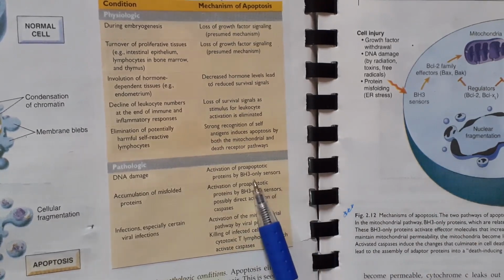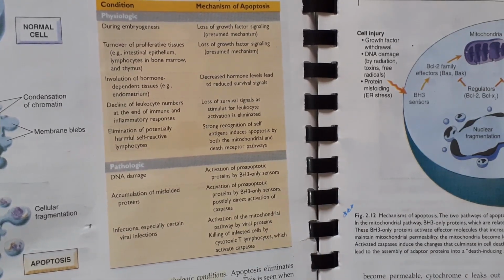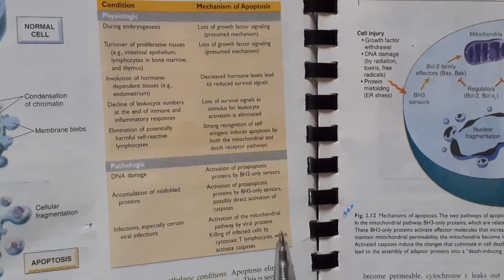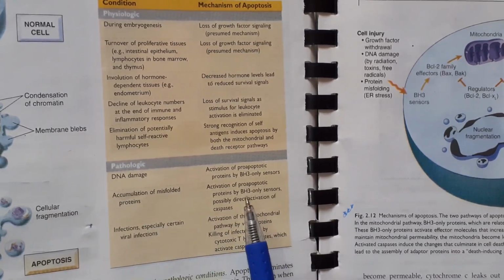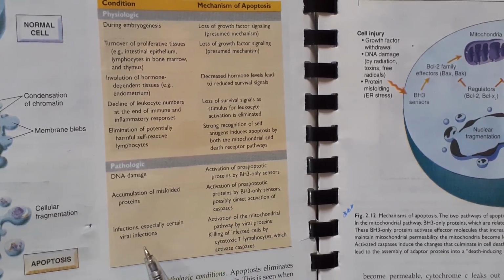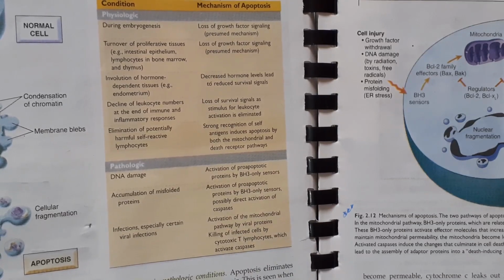When BH3 receptors are activated, they stimulate the apoptotic pathways, which lead ultimately to cellular death. Similarly, accumulation of misfolded protein also acts through the BH3 pathway, while viral infection induces both the BH3 pathway as well as the pathway via death receptors.